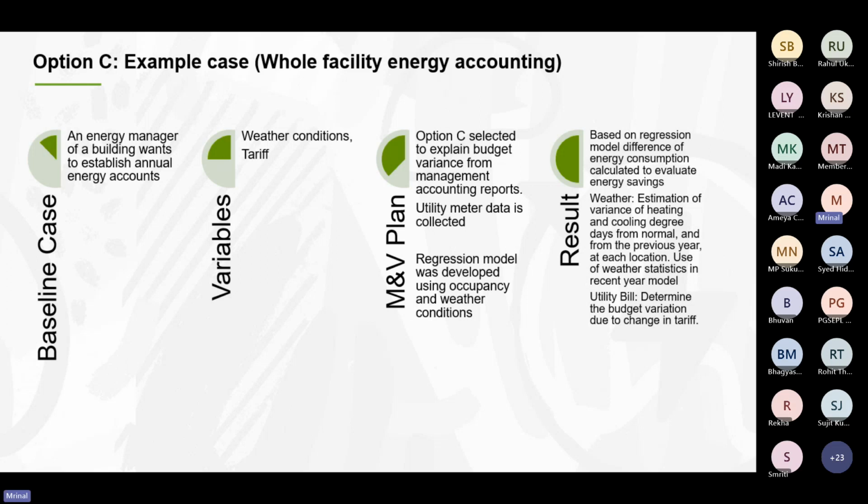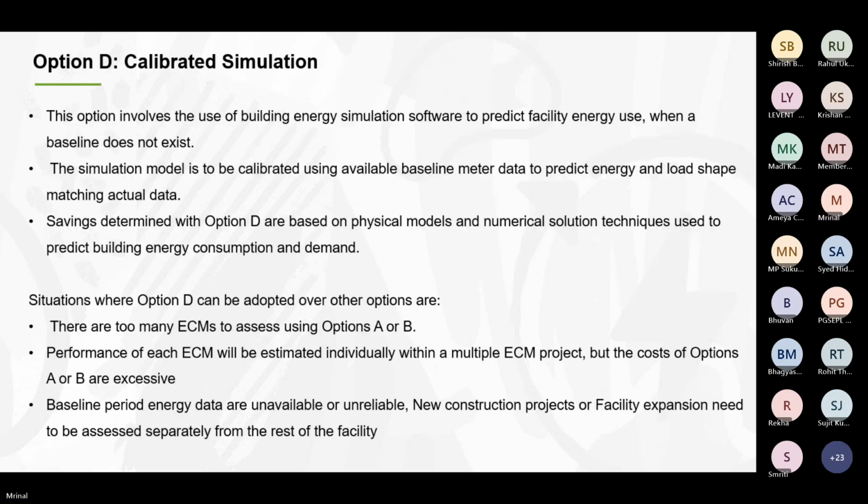They devised the M&V plan, and with the help of a regression model, they developed this based on weather conditions and occupancy conditions. After the model, they again compare the output of the model to the baseline data, and they estimated this.